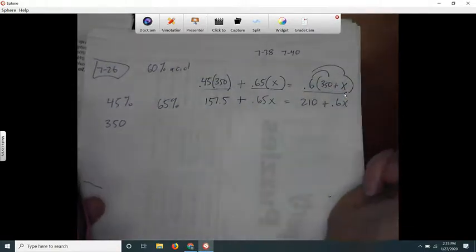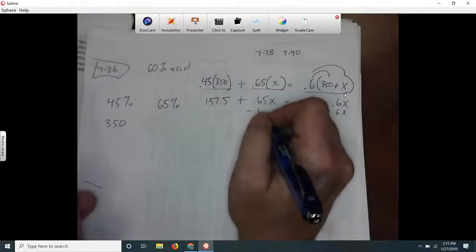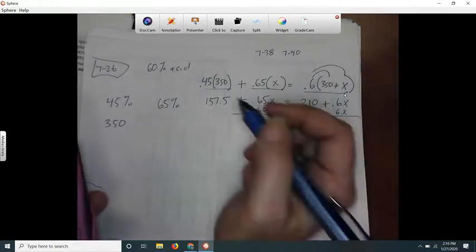Okay, this one's smaller, so let's subtract that.